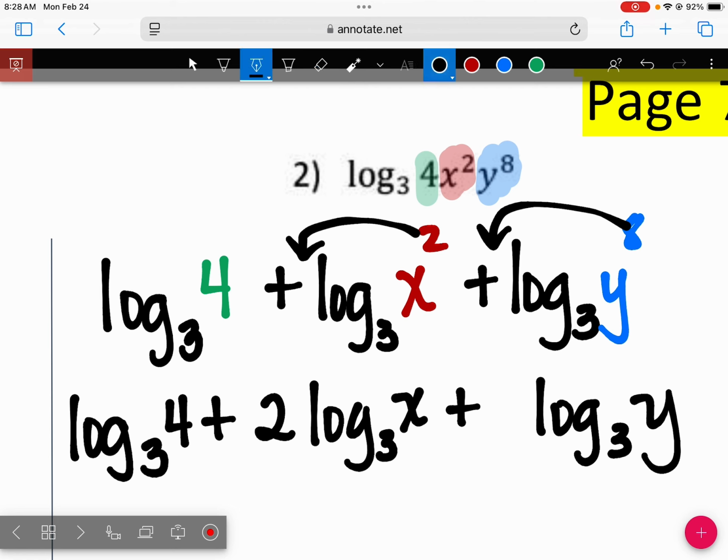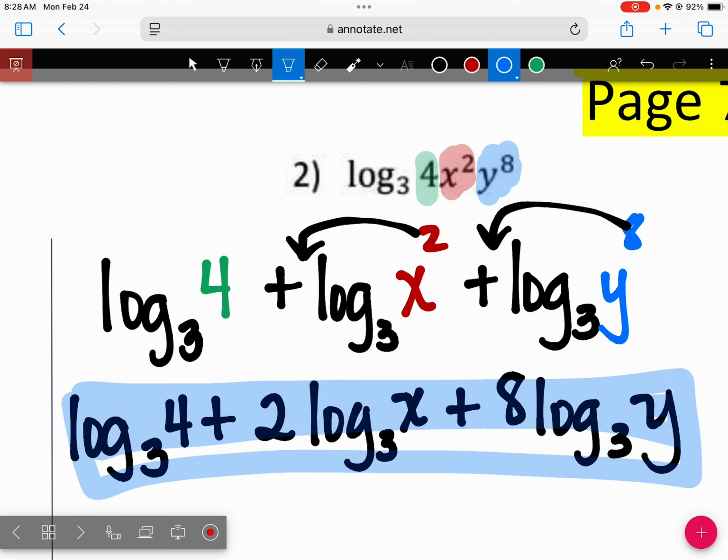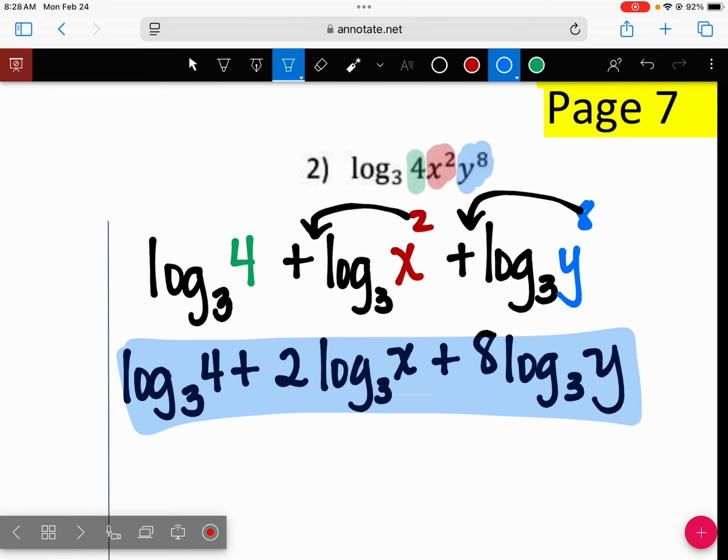Let me make that cuter. And that would be your final answer. Any questions about number 2?